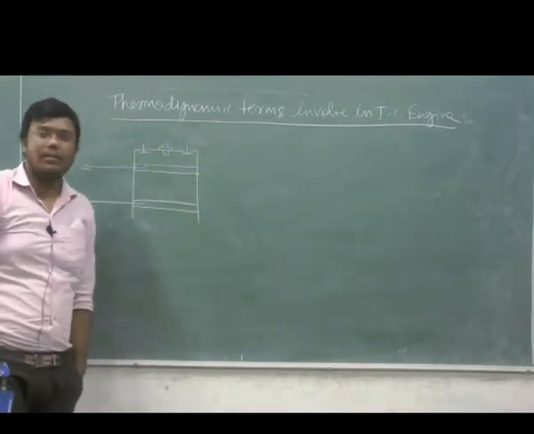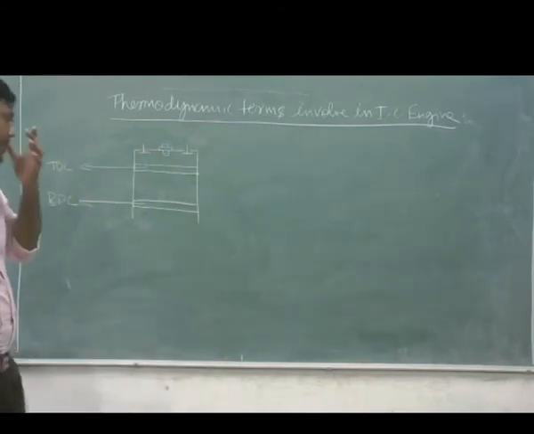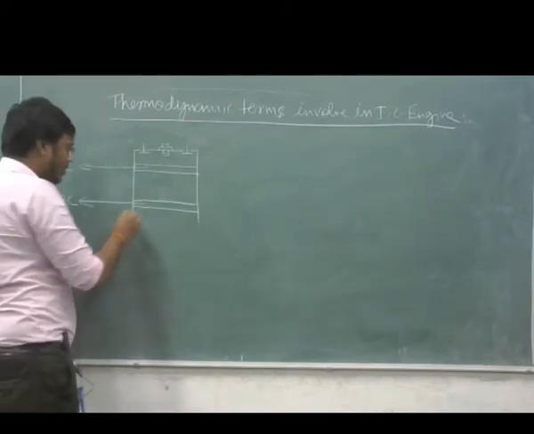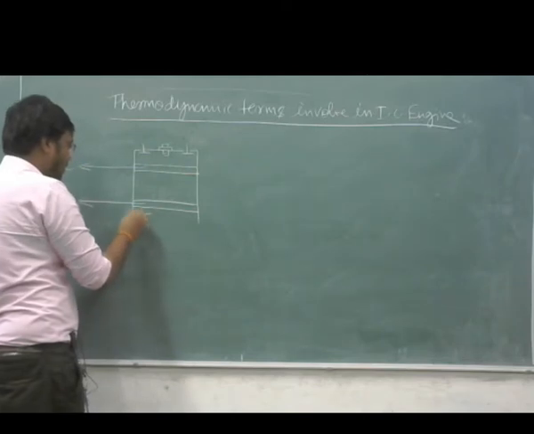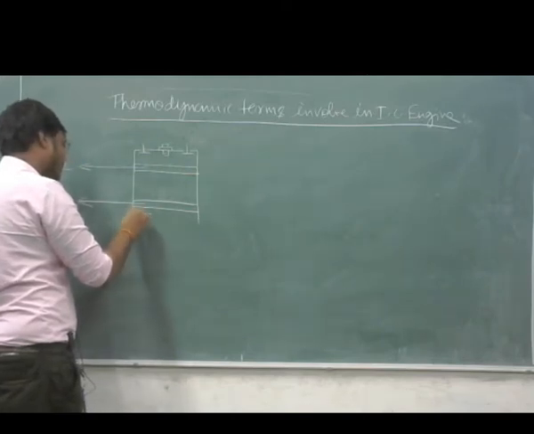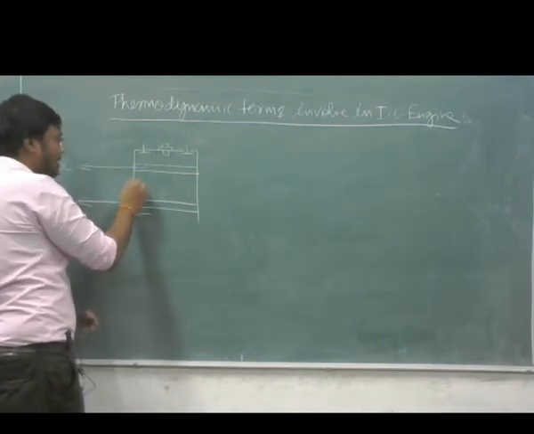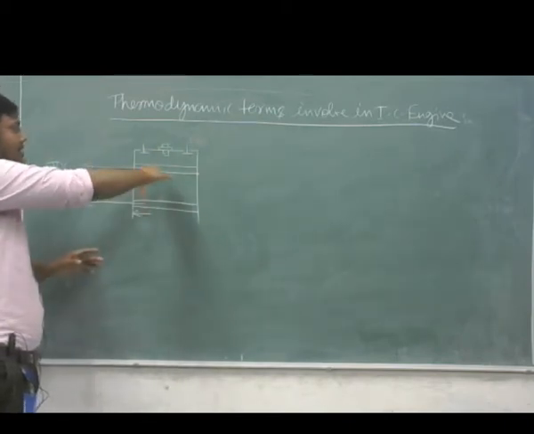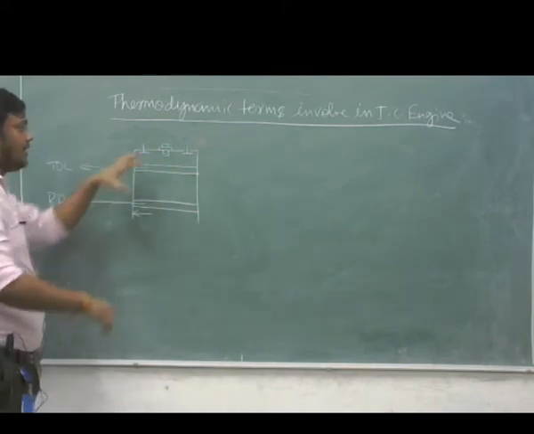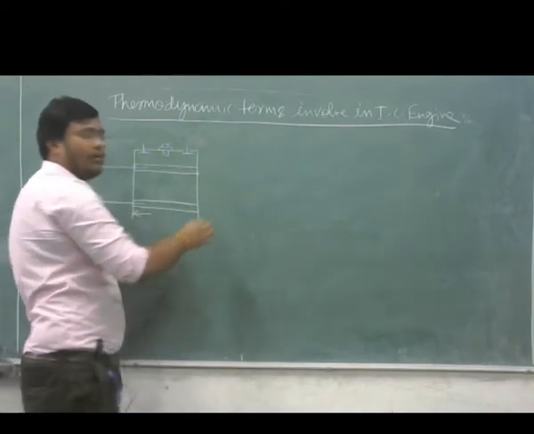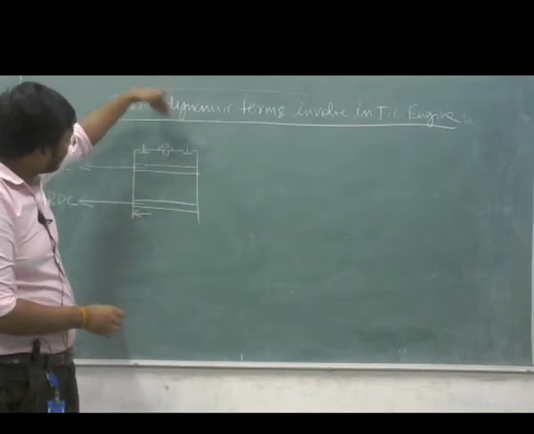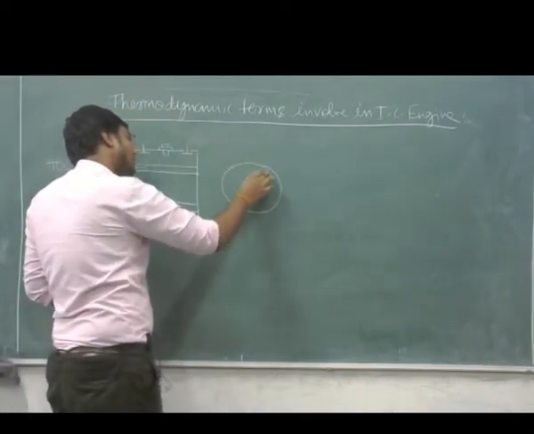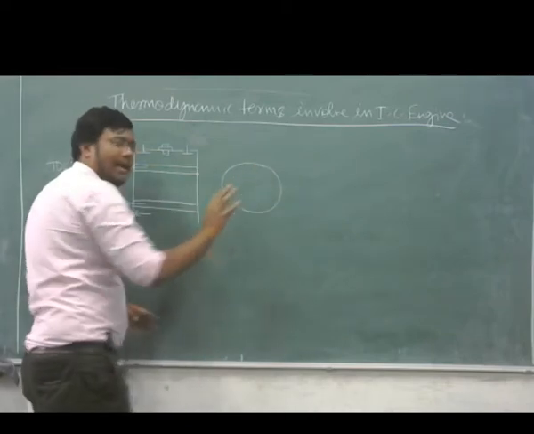From this diagram, the first term is cylinder diameter. This engine is of cylindrical shape. If we cut the cross section and see from the top side, then we get a circular structure. This circle should have some diameter.